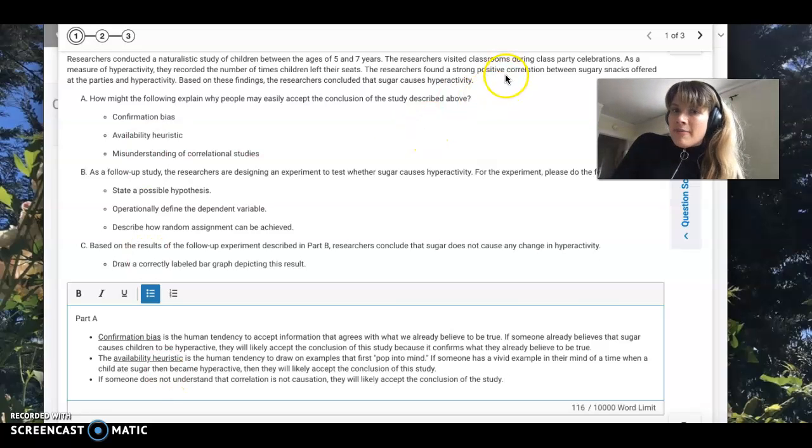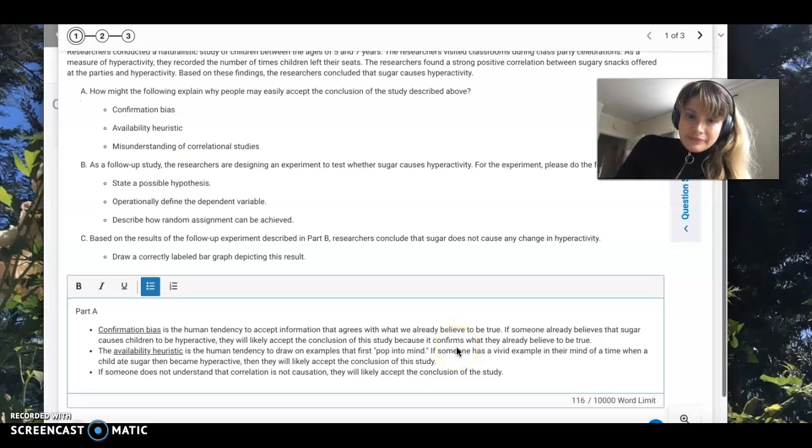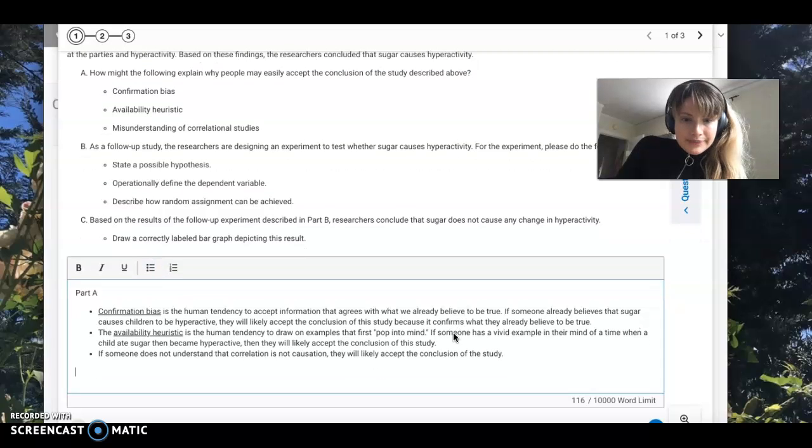If they're like, oh yeah, that makes sense, there's a positive correlation or relationship between sugar and hyperactivity, then of course sugar must cause hyperactivity. That would be a flaw in their own thinking that would cause them to accept it. They'd say, oh yeah, that makes sense, when really we know that correlation is not the same thing as causation.